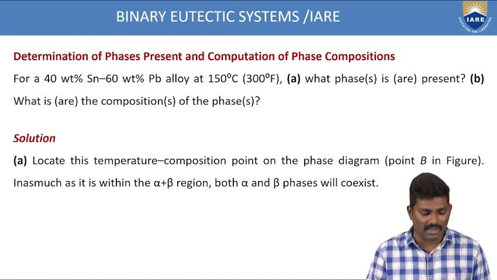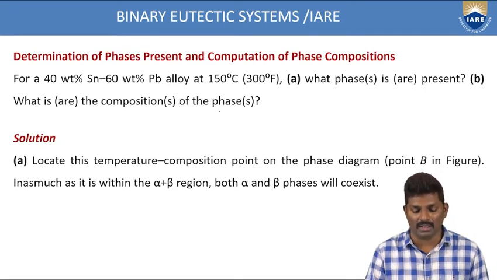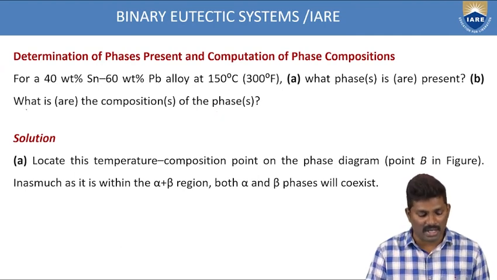For a 40 weight percent tin and 60 weight percent lead alloy at 150 degrees centigrade, or 300 degrees Fahrenheit, what phases are present, and what are the compositions of the phases?